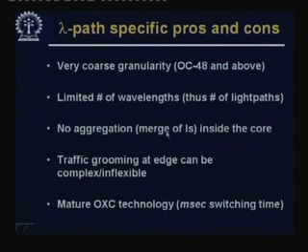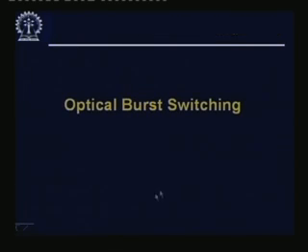So, inside the core there cannot be any aggregation, etc. Traffic grooming can only be done at the edge. So, this may be complex or inflexible. OXCs have this millisecond kind of switching time. So, these are the pros and cons of lambda paths.